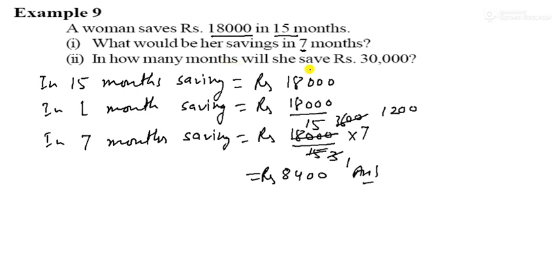Now come to how many months will she have saved rupees 30,000. So how can we do this? So first, rupees 18,000 savings is equal to how many months?